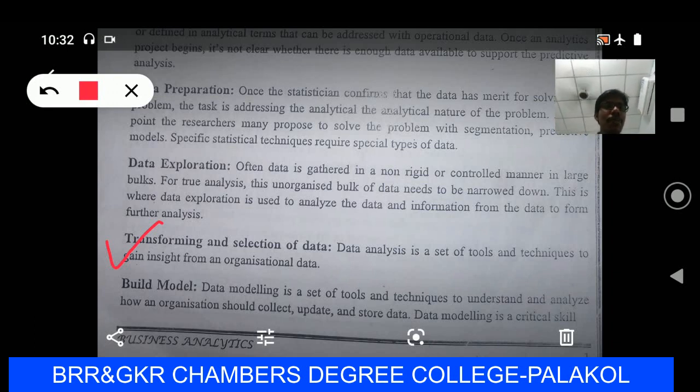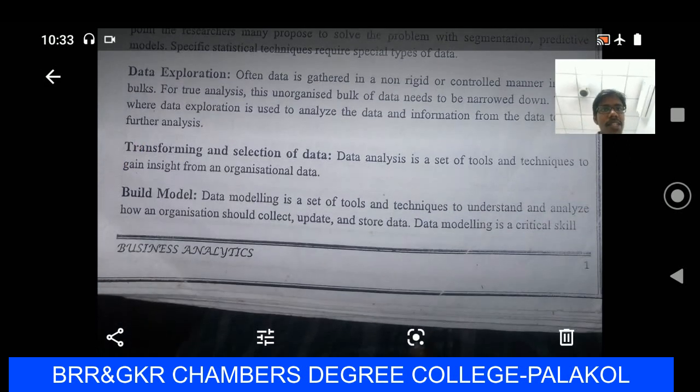Data analysis is a set of tools and techniques to gain insight from organizational data. Simply, transforming and selection of data is selecting the required data for a particular problem, and then analyzing it to gain insight from the organizational data.